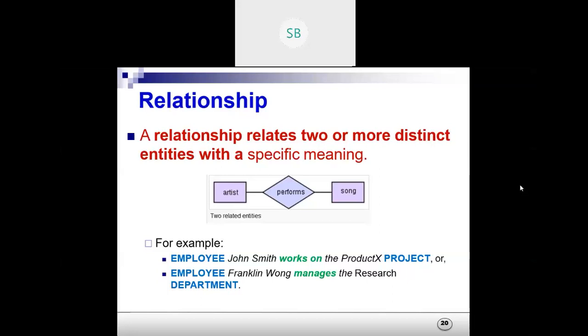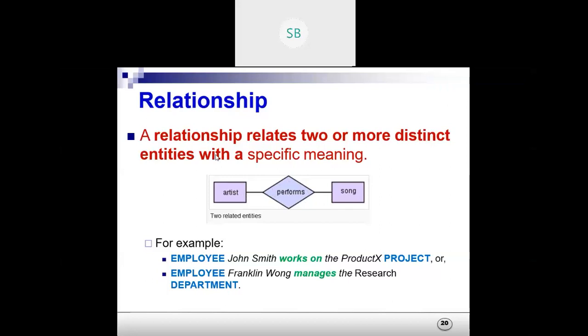Now, what is a relationship in an ER diagram? Basically, you can see this diamond box, right? It is relating these two entities. Artist and song are two distinct entities, and we are joining them using this relationship.